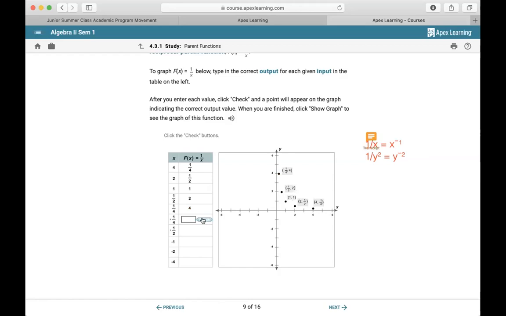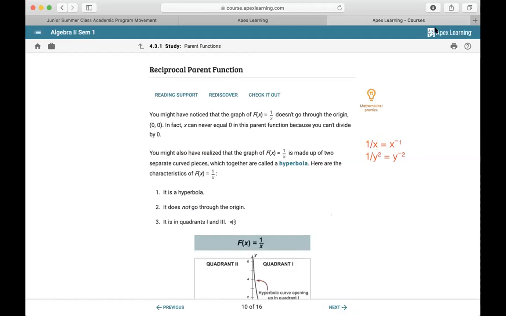All right, but what happens is now I have -1/4, -1/2, -1. You can kind of see it's looking like I'm going to have 2 very similar shapes there. And you do. You have 2 very similar shapes, except you notice that you're never going to get towards that 0. And so we'll talk about that right here.